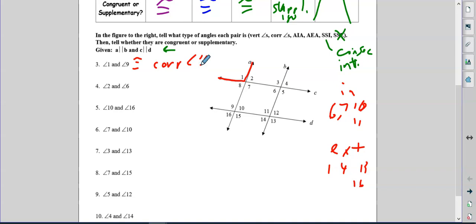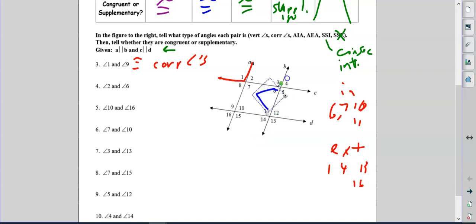angles. 2 and 6. Notice 2 is the linear pair, number 1, which makes it acute. And again, 2 and 4, 12 and 10. And then, careful here, 8, 16, 14, and 6.